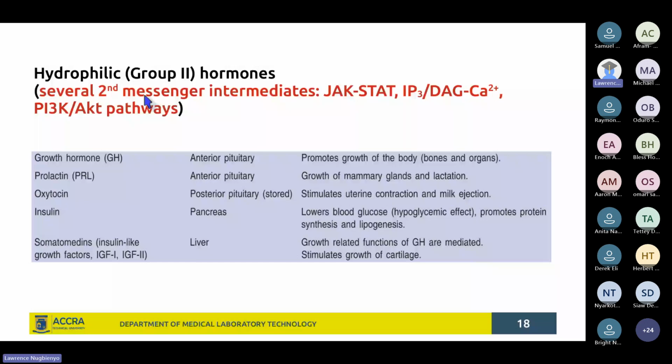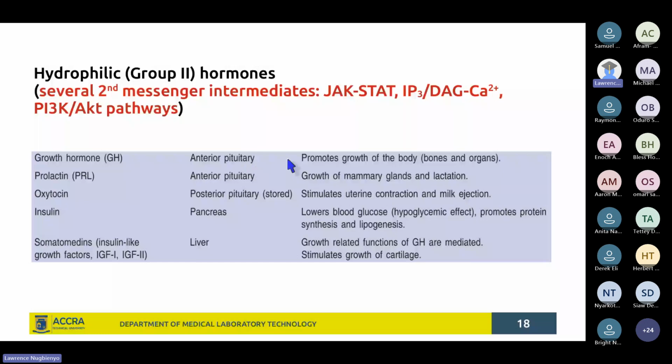But we can take a look at this, the Jack-Stat system, as a second messenger. So we'll look at this Jack-Stat system as a third system in addition to those two systems that we have just looked at. And we have these examples of growth hormone, prolactin. These are secreted by the anterior pituitary in the brain, the growth hormone promoting growth of the body.